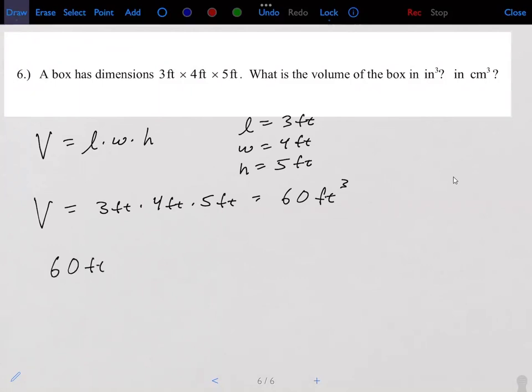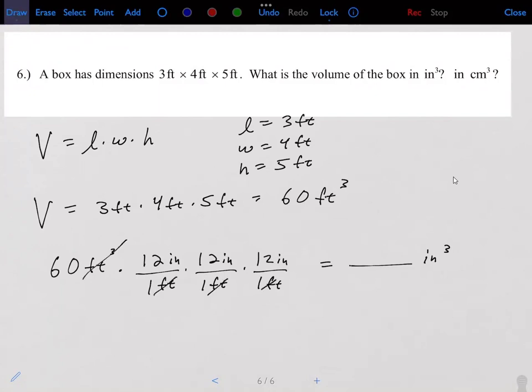Okay, so I'm starting with 60 feet cubed. I want to convert that into inches cubed. Right, I want this to be inches cubed. Well, I know that 1 foot is 12 inches. So I can use that factor, 12 inches over 1 foot. But I need to use that same factor 3 times. Right, so then I have feet times feet times feet is feet cubed. That cancels my feet cubed.